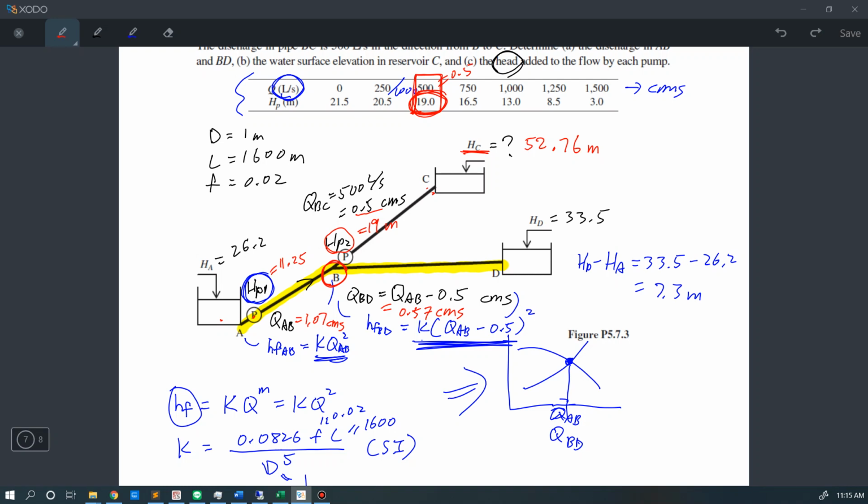And after we solve the flow rate, the next thing we want to do is to solve the HC, the elevation for reservoir C.